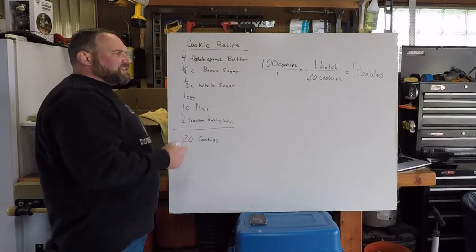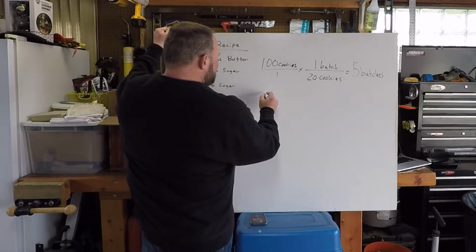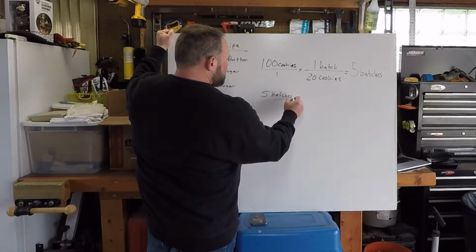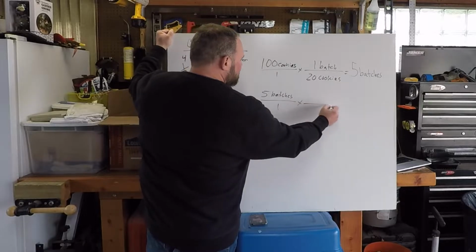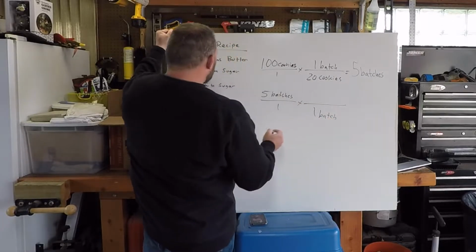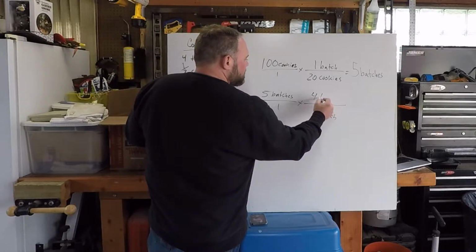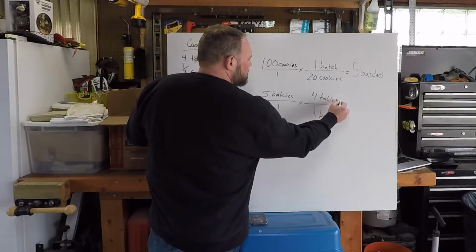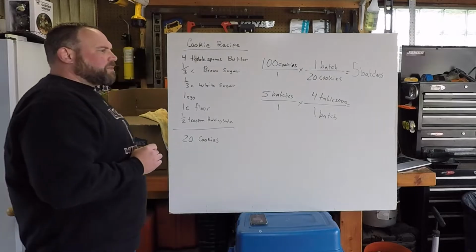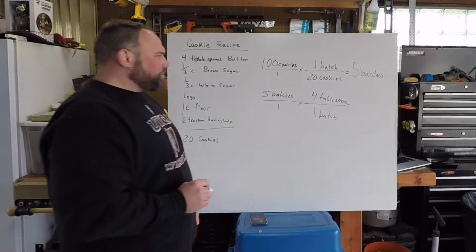So for instance, if I want to know how much butter I need to pick up at the store, I need to make 5 batches of cookies, and for one batch I need 4 tablespoons of butter. So that means I need to get 20 tablespoons of butter.